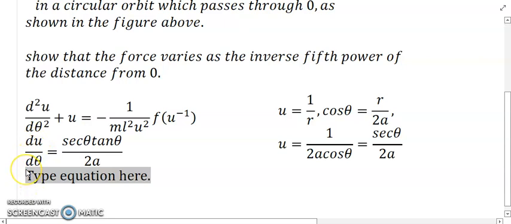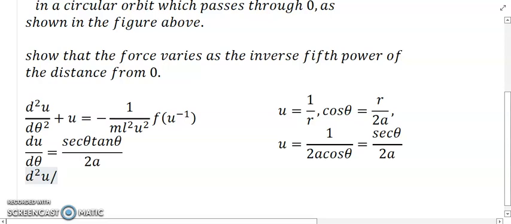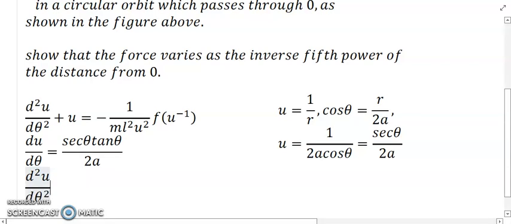We get d squared U over d theta squared equal to, and if we differentiate this expression this time, remember, if we have two or more functions that are multiplying each other, then we're gonna use the product rule.